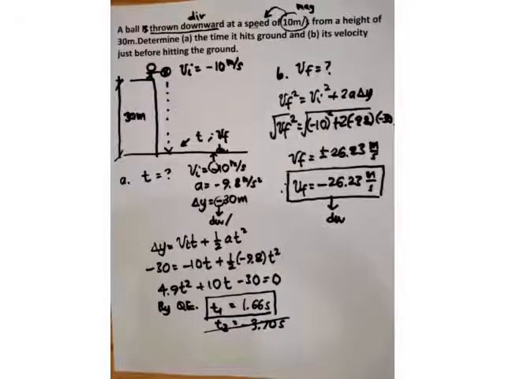Tama ba sinabi ko? Basta nag-accelerate kasi siya. Pero dahil nag-accelerate siya, di ba bumilis siya ng pabilis? Kaya hindi ganun. Okay? Okay, so let's have our last example for the night.